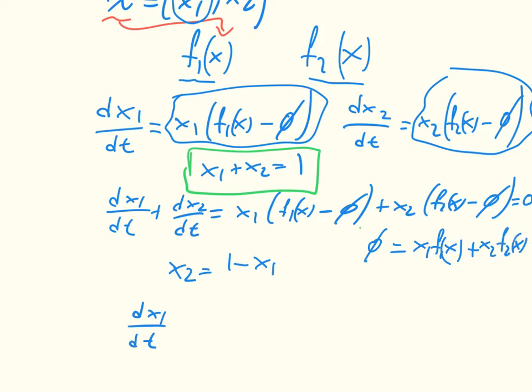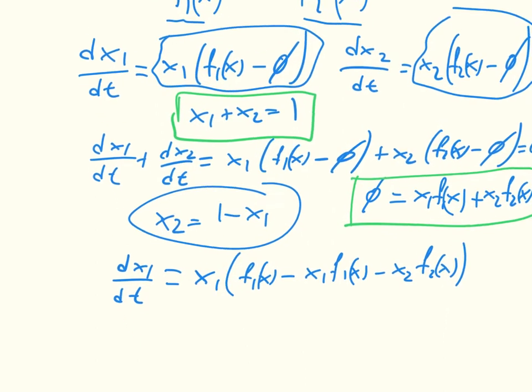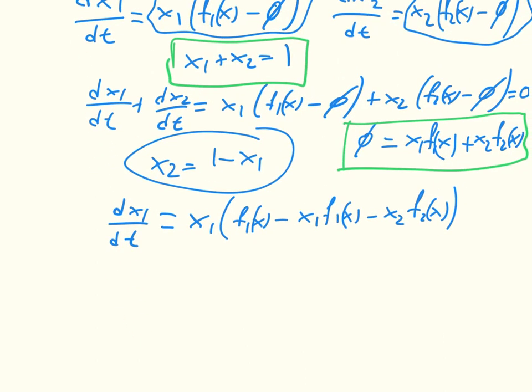So that's extremely similar to the case we did in the previous chapter. Now, taking this, we just get that dx1/dt is equal to x1 times (f1 of x minus x1 f1 of x minus x2 f2 of x), which we can just write as x1 times (1 minus x1) times (f1 of x minus f2 of x).